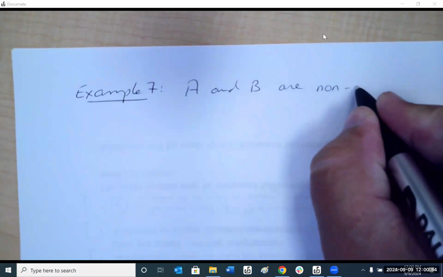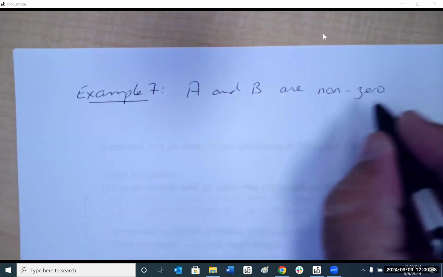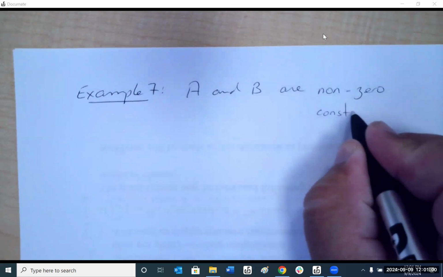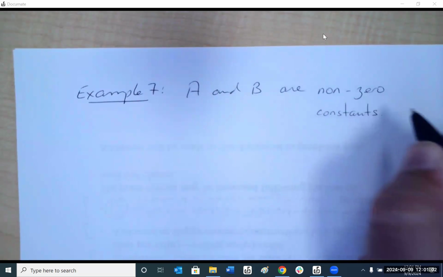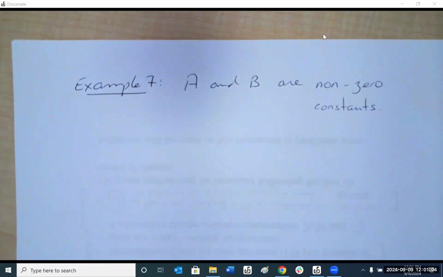Non-zero constants. How far do we get in that one? Well, I'll just create that one and I'll send it to everybody, because that one is very labor intensive. My head was hurting when I was looking at it.